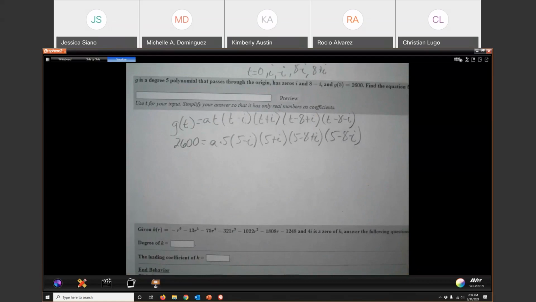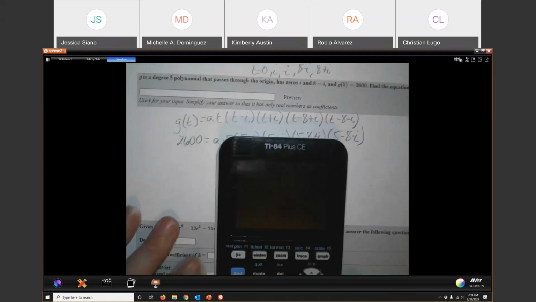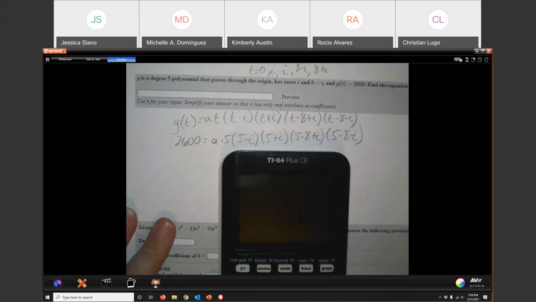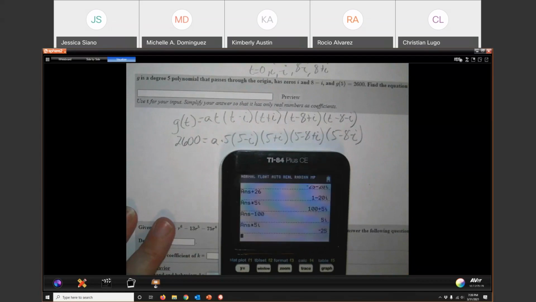That looks like a lot of really fun multiplication to do, right? Why would we do that manually though? You paid a lot of money for this calculator. Make it work for you.